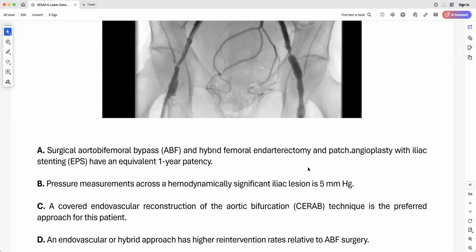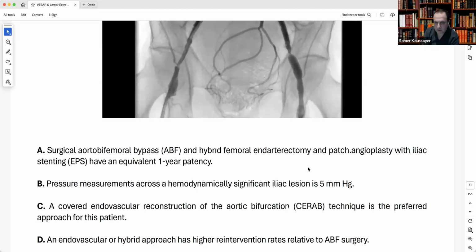Okay, the next question: pressure measurement across a hemodynamically significant iliac lesion. This is very important. Guys, when you scrub with me, you see sometimes I measure the pressure across the stenosis. When you see a stenosis, you put your catheter above it and you pull it down.